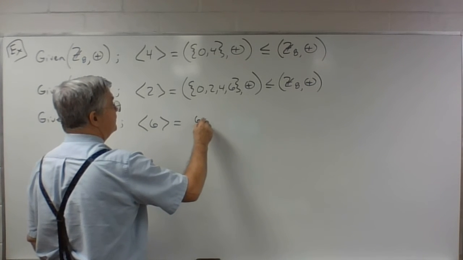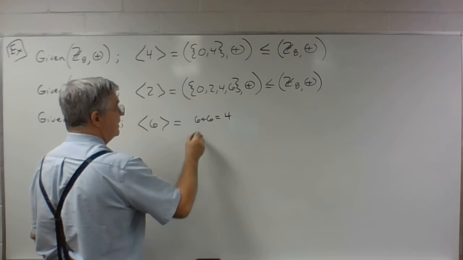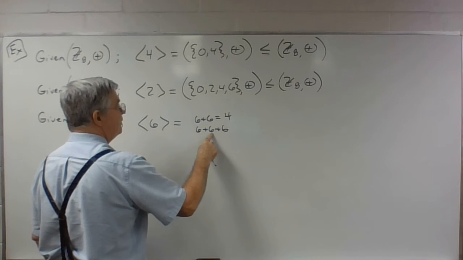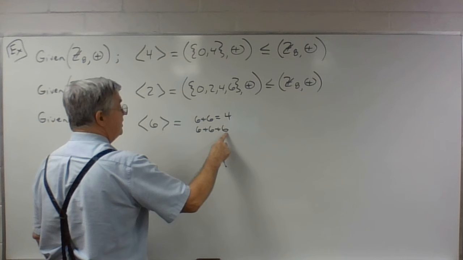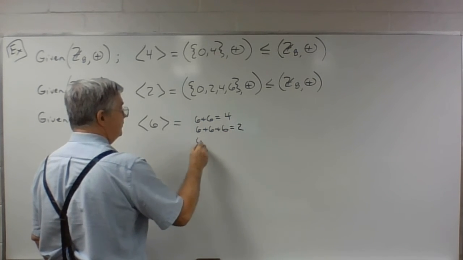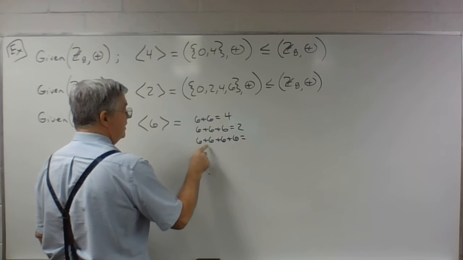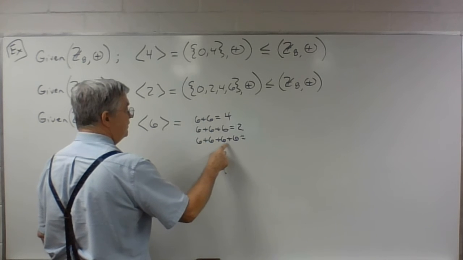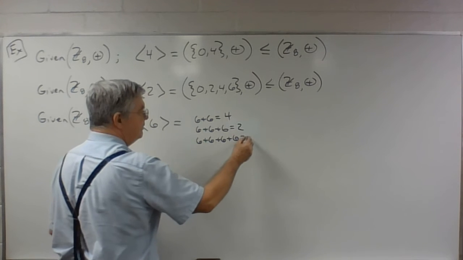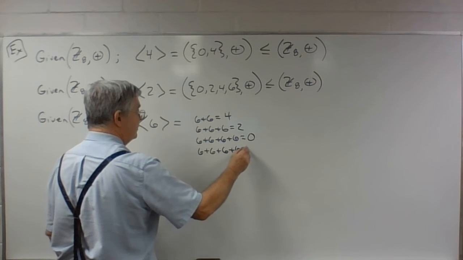So we have 6 plus 6 is 12, but that's 4 mod 8. 6 plus 6 plus 6, that's 6, 12, 18, but mod 8, that is 2. 6 plus 6 plus 6 plus 6, 6, 12, 18, 24. 24 is 0 mod 8, isn't it? 6 plus 6 plus 6 plus 6 plus 6.